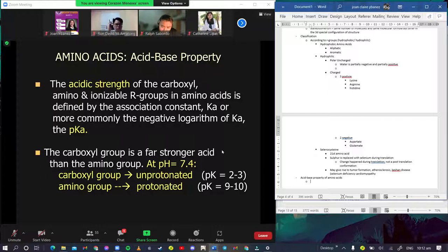So how can you make a general statement looking at these two, the lower bullet? Anyone? Meaning to say, if the value of the pK is compared to the pH of the environment, what will happen?